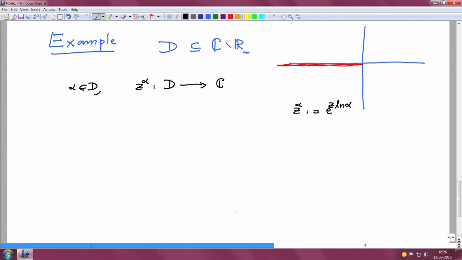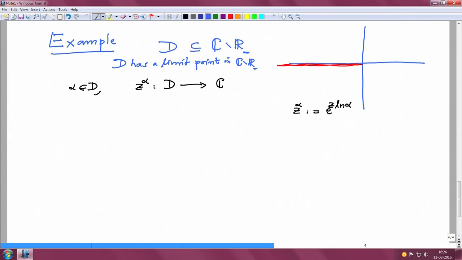So, for that reason we have to take a subset D of the complex numbers minus this negative real axis, and also we need to assume now D has a limit point in C minus this negative real axis.